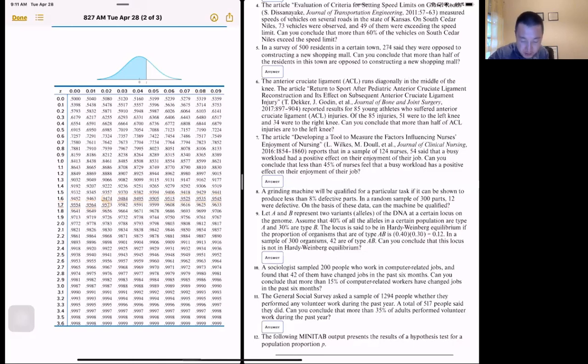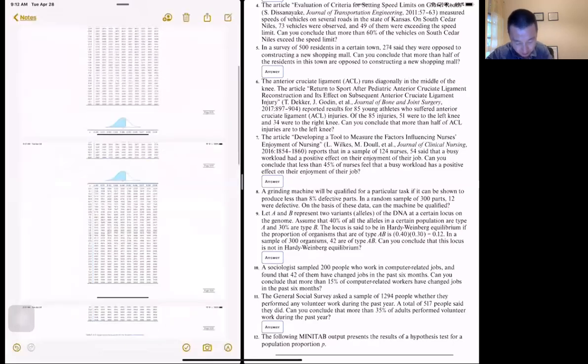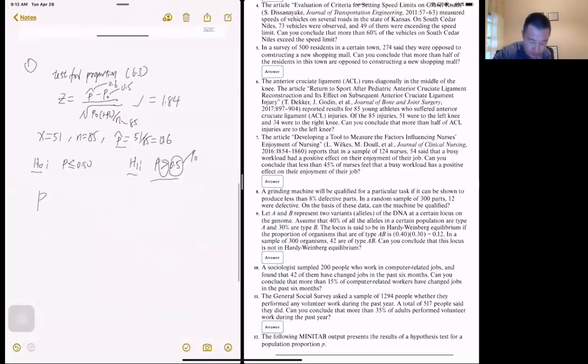Because the areas in the z table are to the left, we should use 1 minus 0.9671 for the z value of 1.84. So that's 0.0329. Now we need to compare that with alpha.